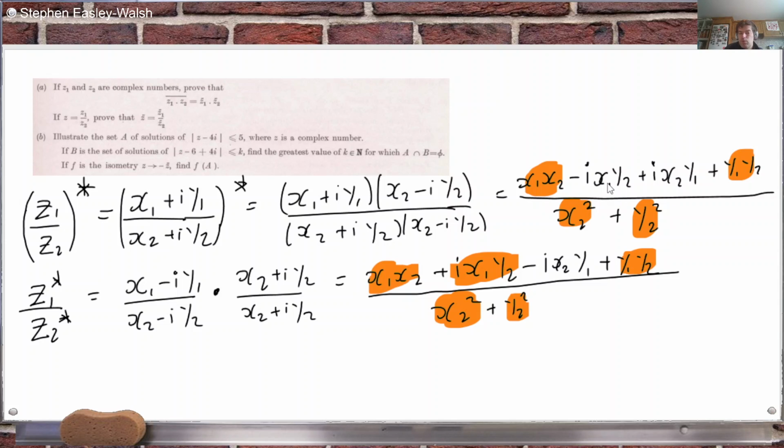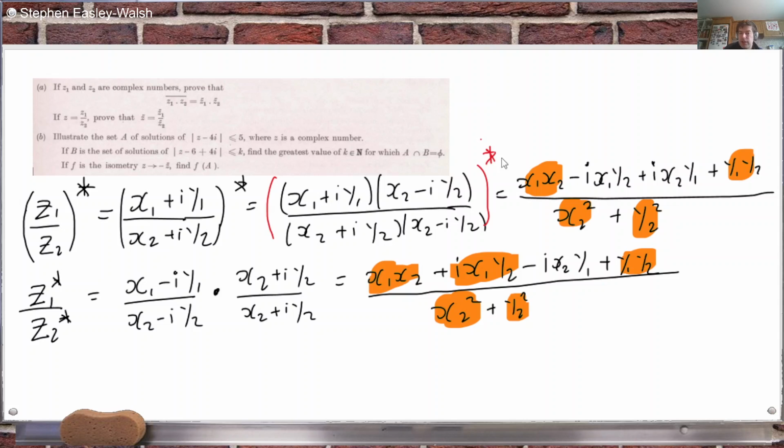Oh. Maybe I made a sign mistake. Hopefully that's all I did. Oh, no, I can see what I did wrong. I forgot to conjugate this. I forgot about my star.